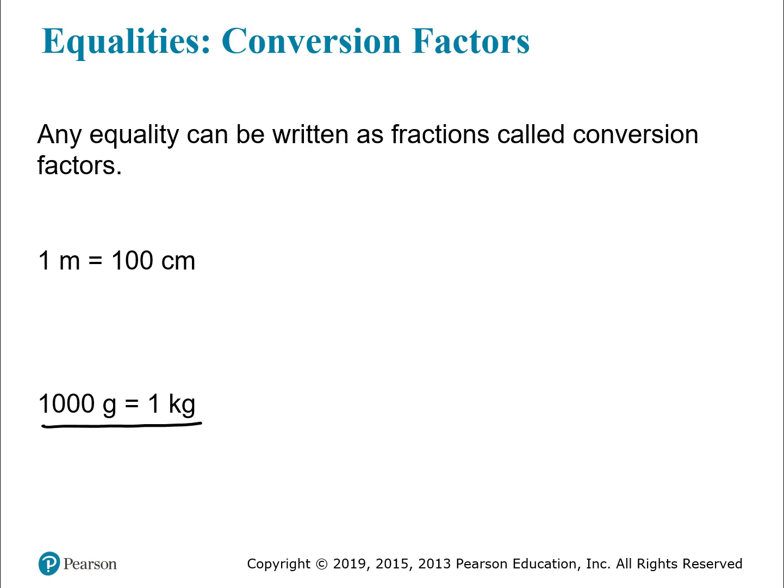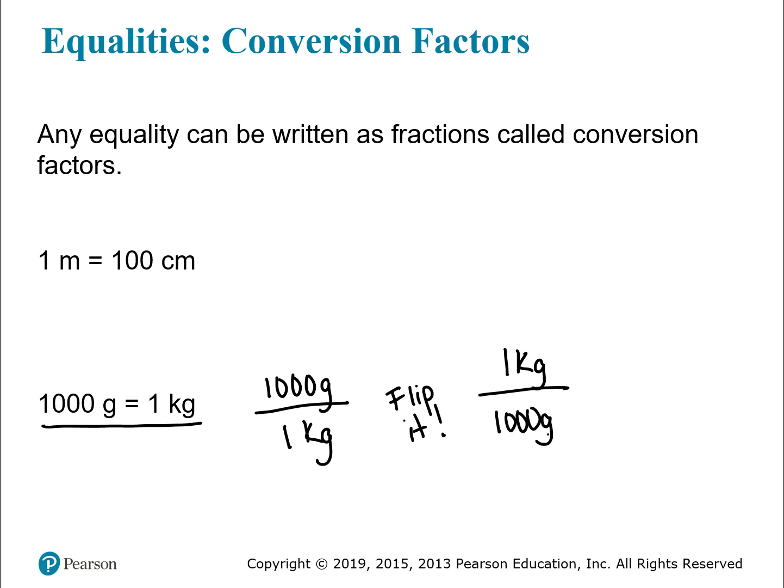So 1,000 grams is equal to 1 kilogram. We can write two conversion factors. There's one conversion factor. You flip it for the second conversion factor. So you can always write two conversion factors for any equality.